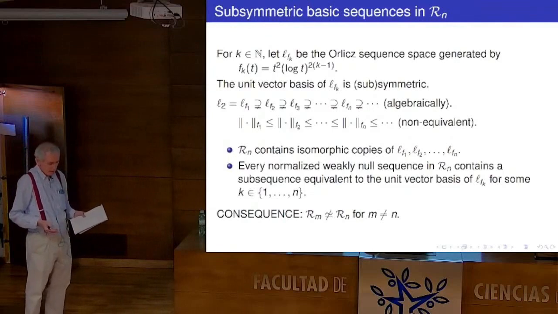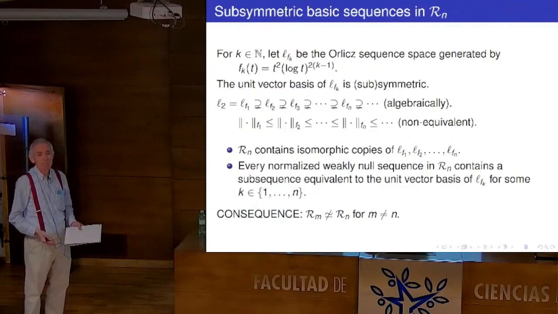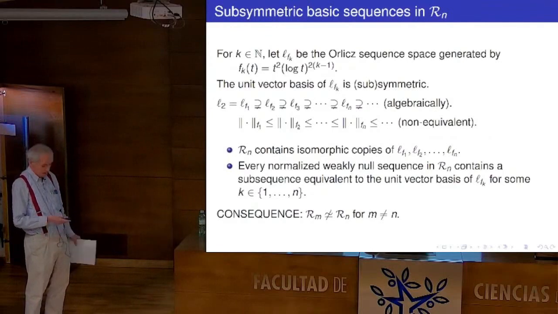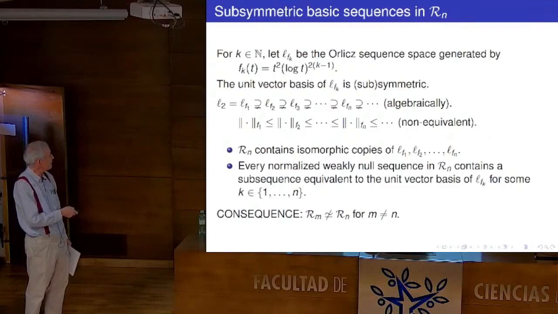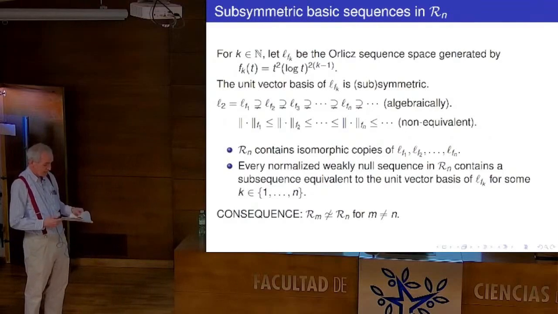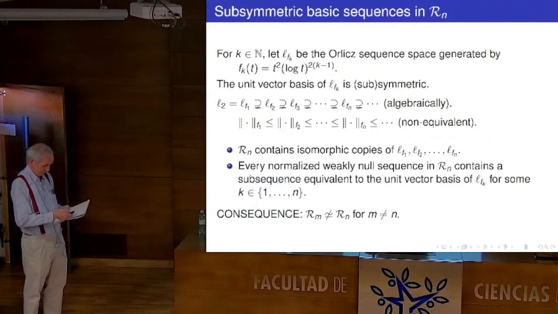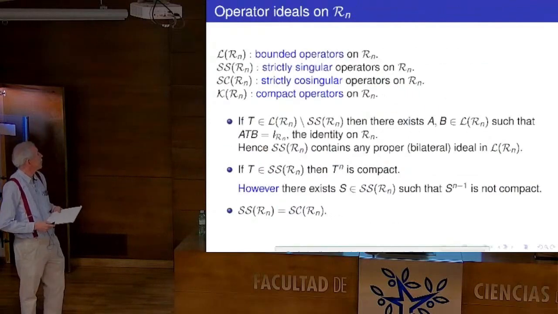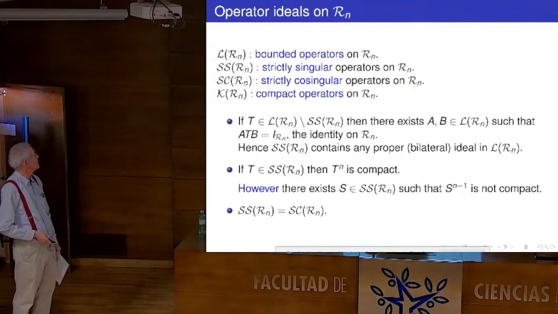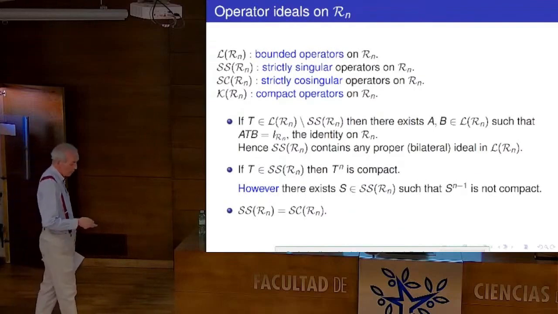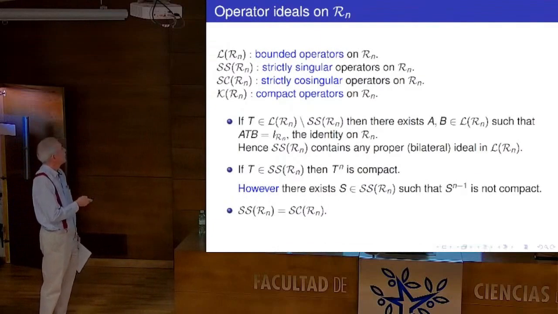Then we can see that the spaces become more complicated when k is increasing. And in particular, we can derive from that that the spaces Rm and Rn are not isomorphic for different m and n. About operator ideals, we are going to consider the strictly singular operators and the strictly cosingular operators, and we can show that the identity of Rn factorizes through any non-strictly singular operator.